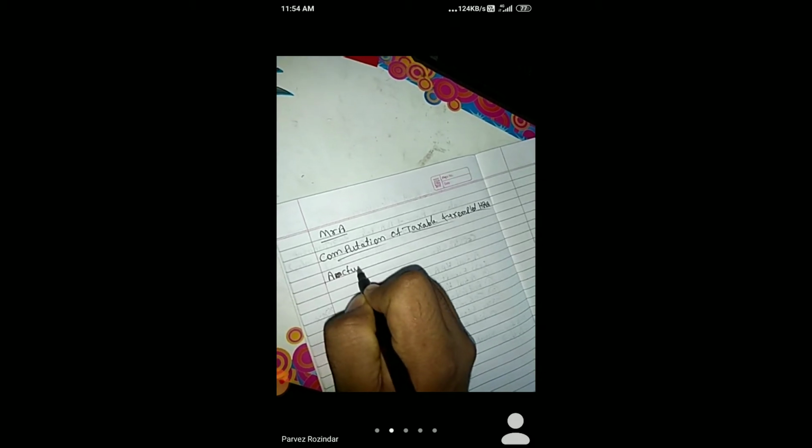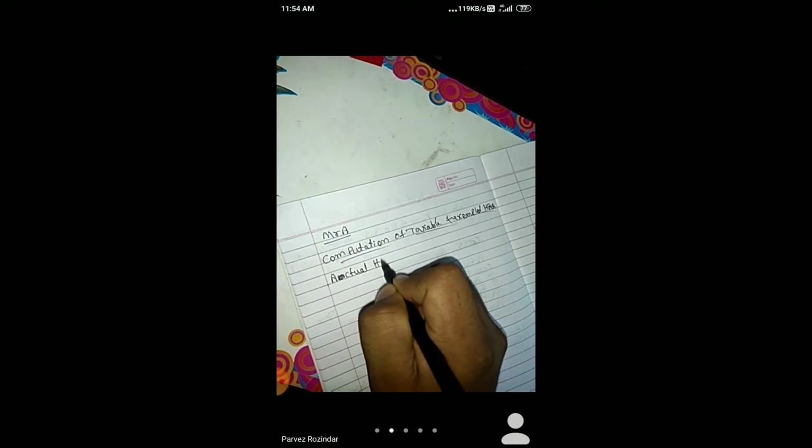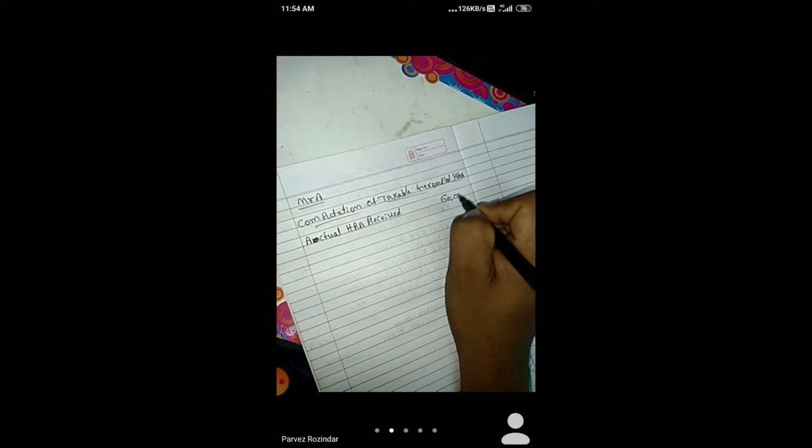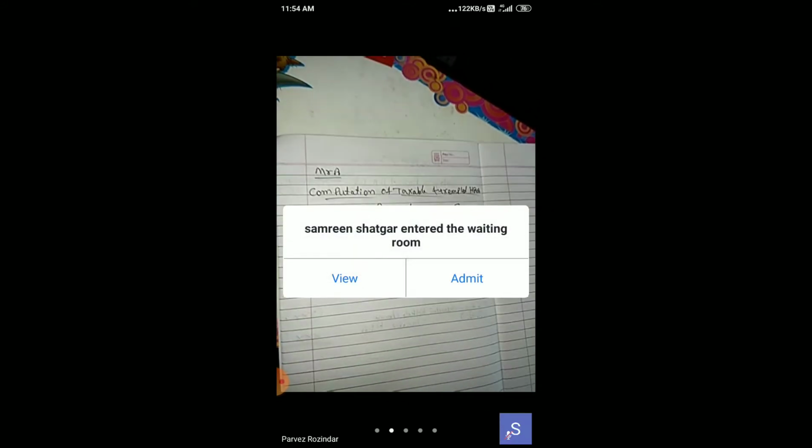So as I have told you, first we need to write the actual HRA received. How much is the HRA received by Mr. A? A's HRA was 60,000, right? 60,000 rupees is A's HRA.